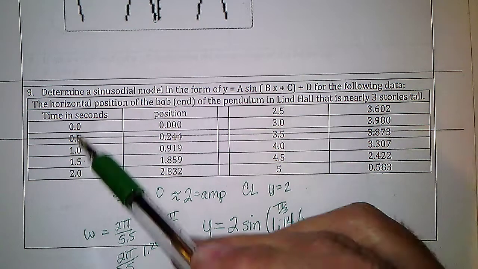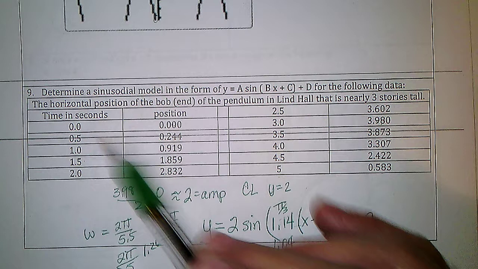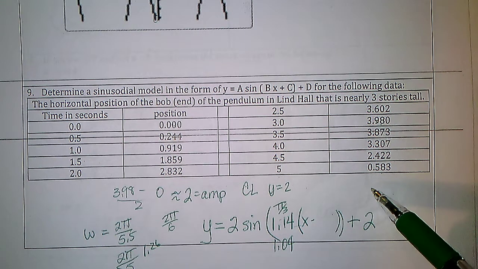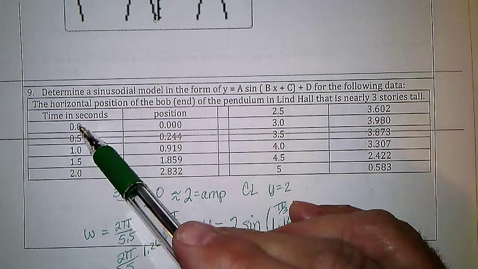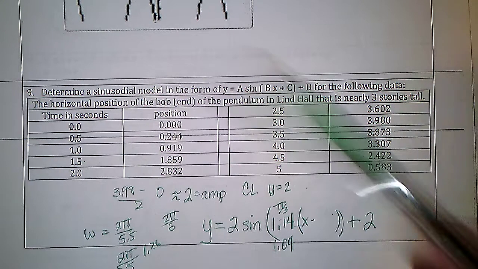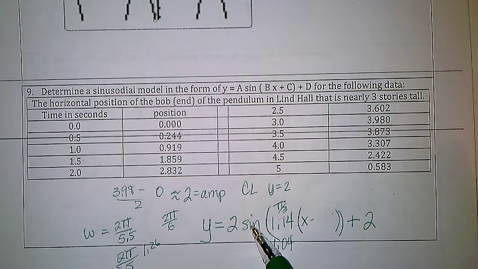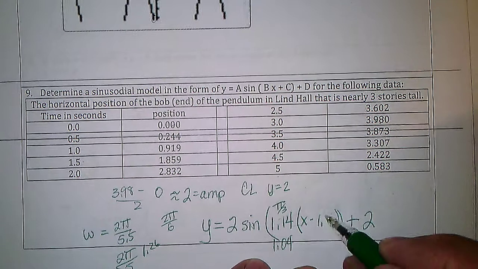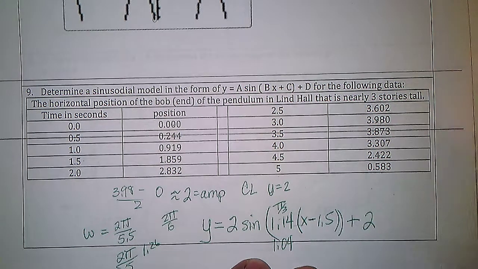But how much does it shift it? Well, if it takes 3 to get to the top, it's going to take another 3 to get to the bottom, and so it'd take 1.5 to get to the middle. So the sine starts on the middle, so I need to shift this 1.5 to the right.